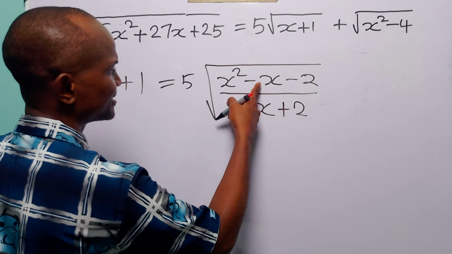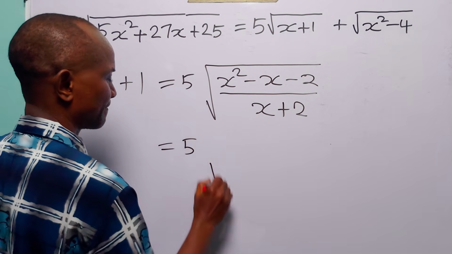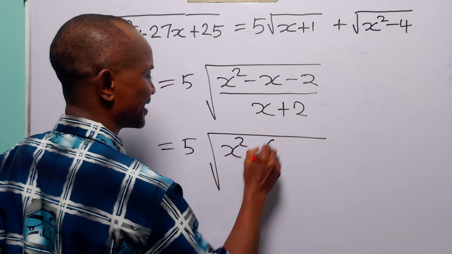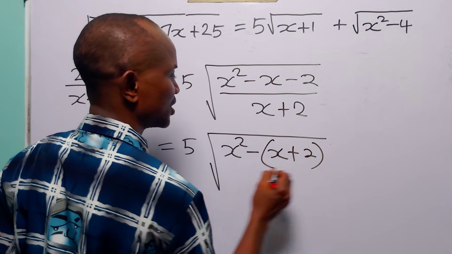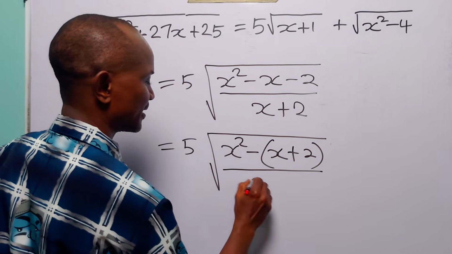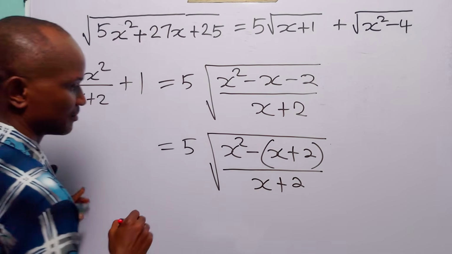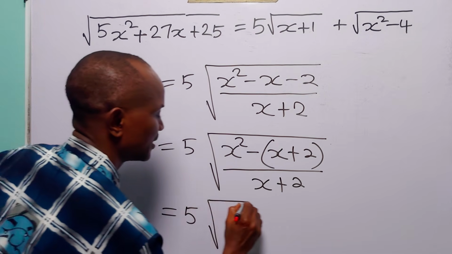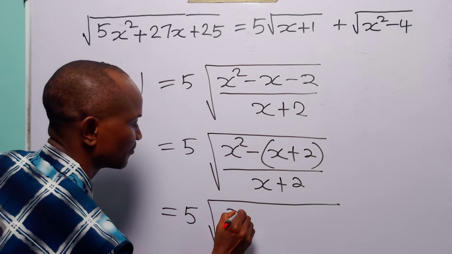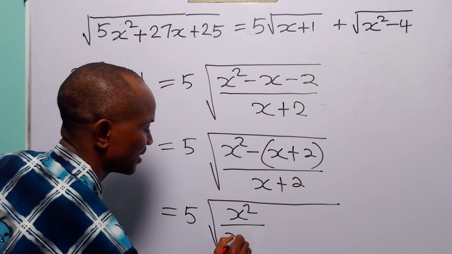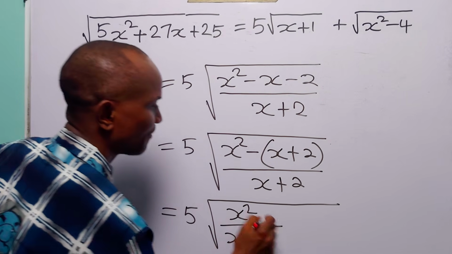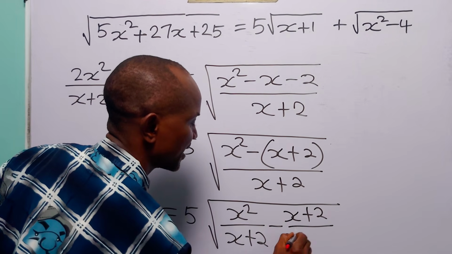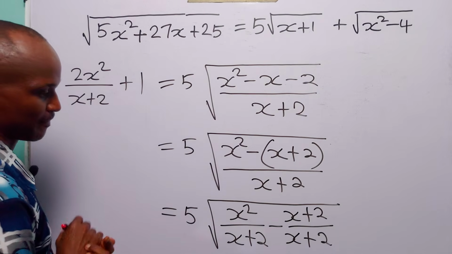But of course, we can write this numerator as x squared minus x plus 2 divided by x plus 2. And of course, this is equal to 5 times the square root of x squared over x plus 2 minus x plus 2 over x plus 2.